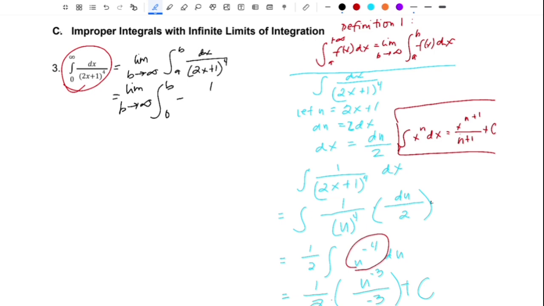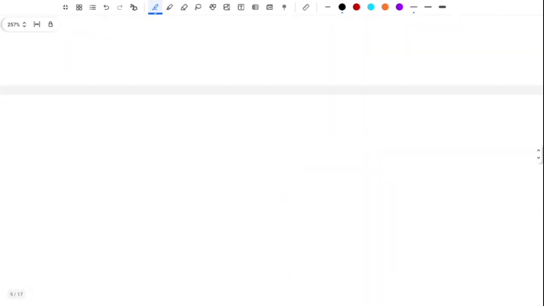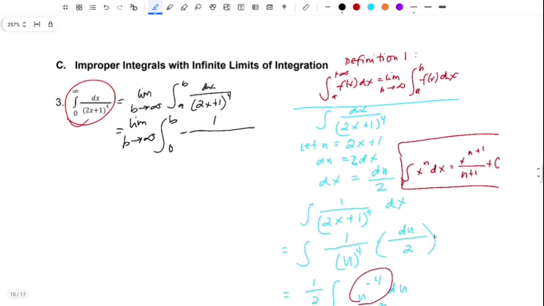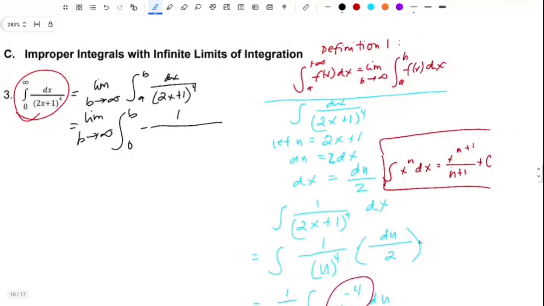We have negative 1 over 6 times (2x plus 1) raised to 3.